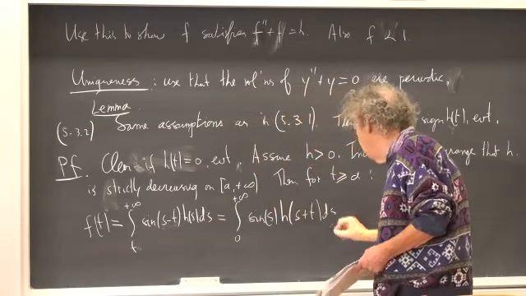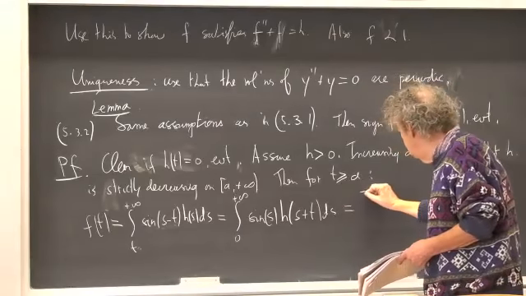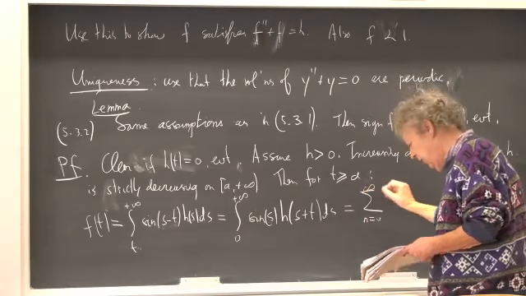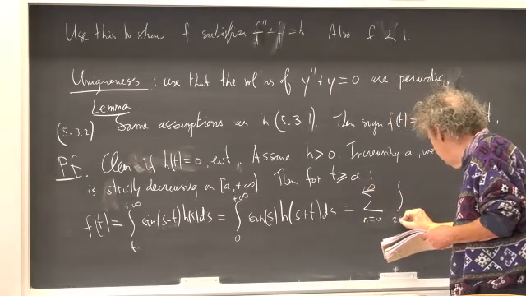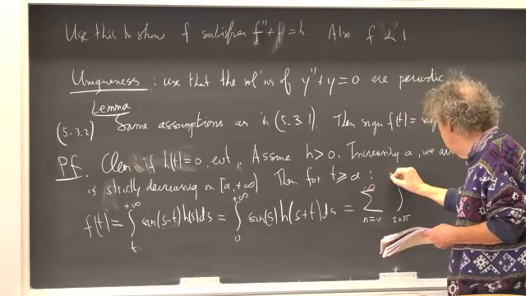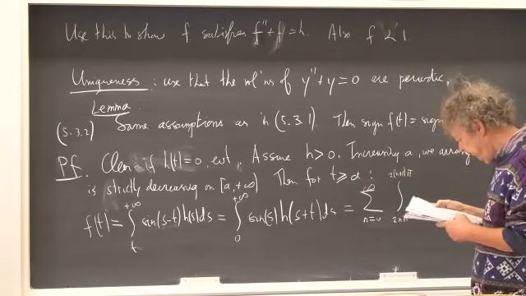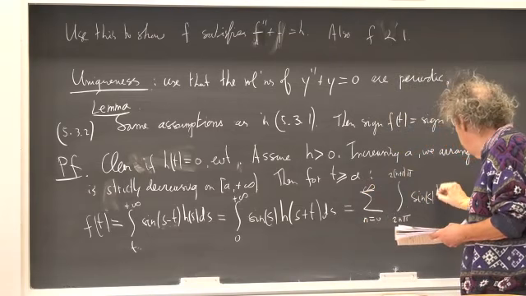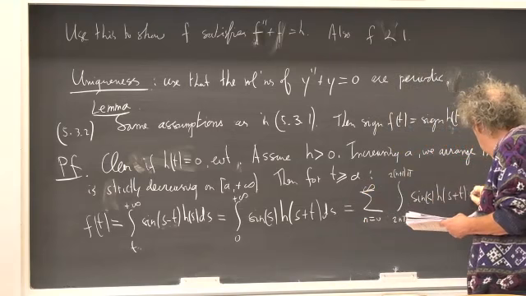And now we split it up into infinitely many pieces, into the sum from n equals 0 up to infinity of the integral from 2n pi to (2n plus 1) pi of sine s h(s plus t) ds.